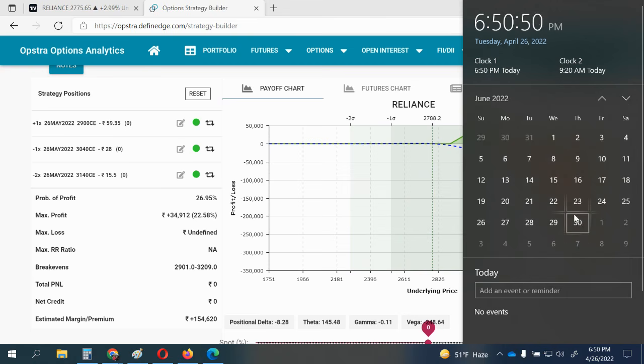Reason being, Reliance, HDFC Bank, these are all fundamentally strong companies. It can make a move of 10% down, 15%, but it cannot go 30, 40% unless there are some management issues or some bad news. So accept this minimal loss, and then re-enter Reliance for the next month expiry.